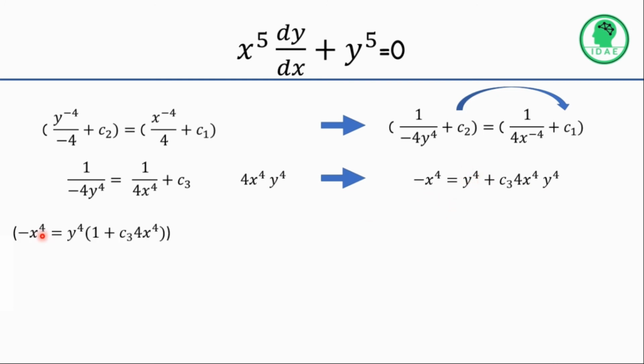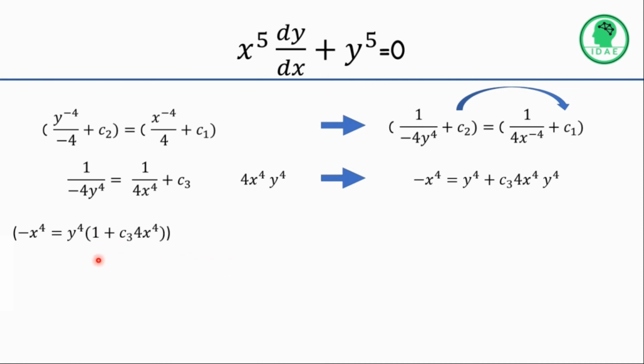Alright, so what we will do is we'll factor out the y. Alright, so we factor out y to the 4th from both sides. So that's why we get y to the 4th out and in the bracket 1 plus C3 4x to the 4th. Now if we multiply this, we're getting this thing back again. Alright, we're super near to the answer.